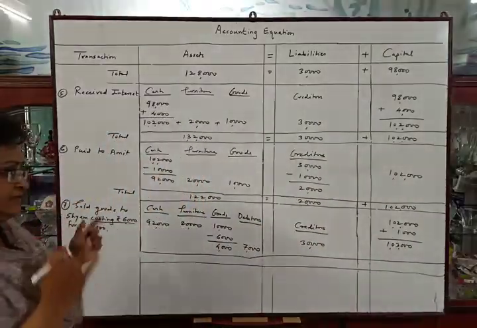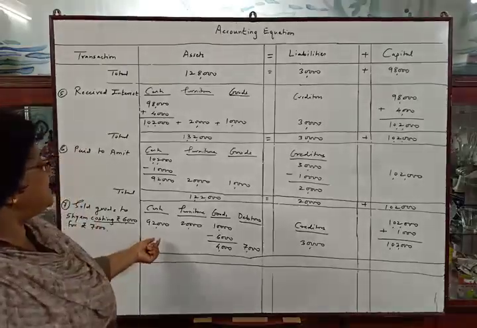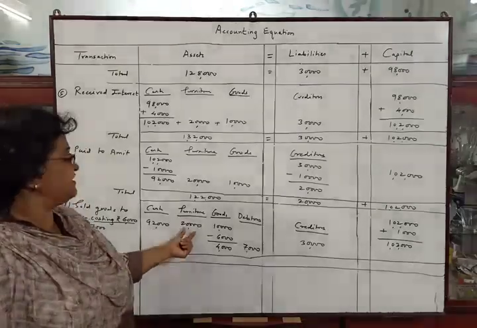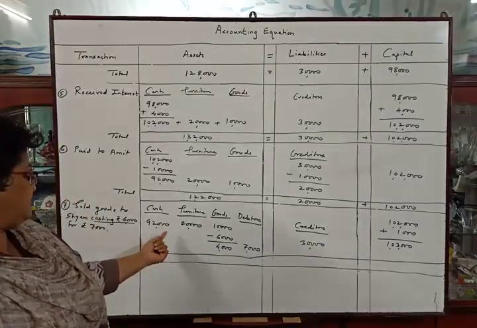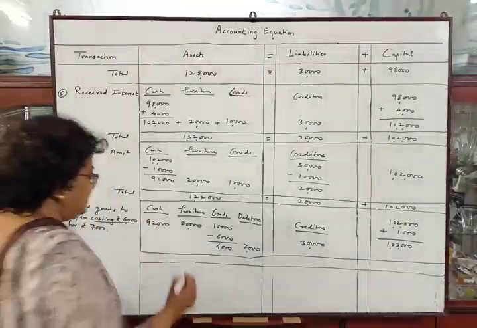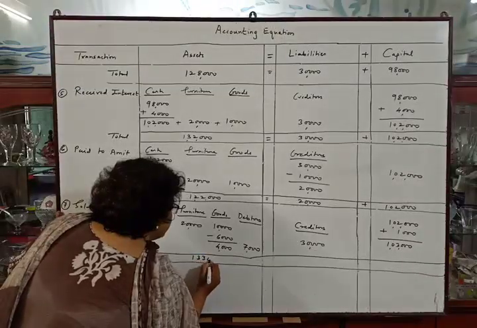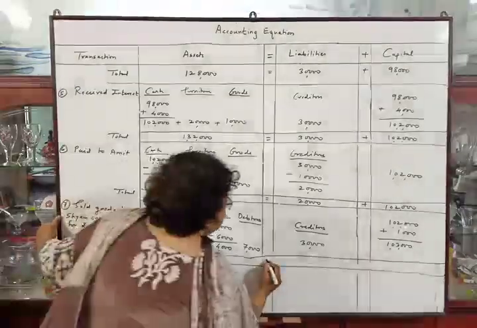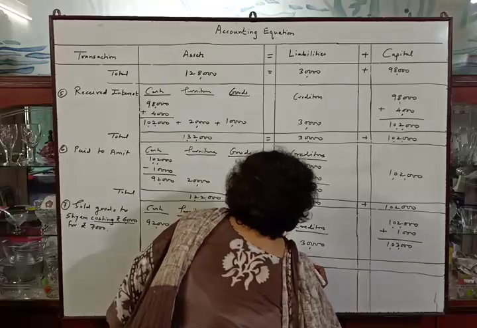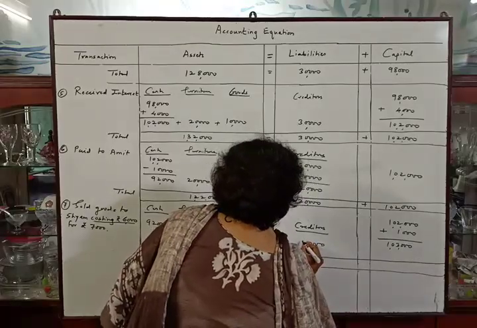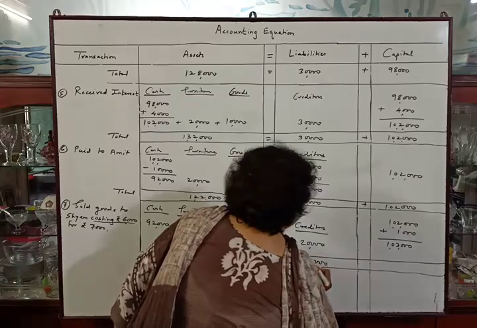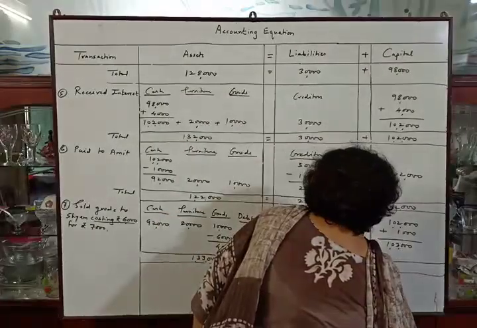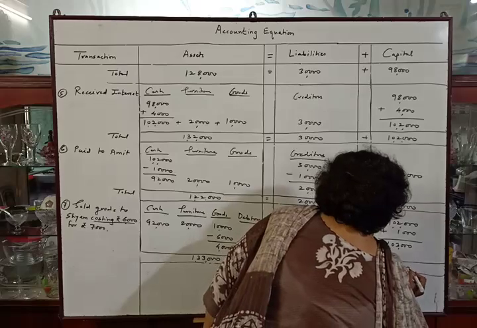So now total. Okay. Now let us make the total. Total assets were 92,000 plus 20,000 plus 4,000 plus 7,000, means 1,33,000, is equal to creditors 30,000, sorry, creditors 20,000 plus 1,03,000.